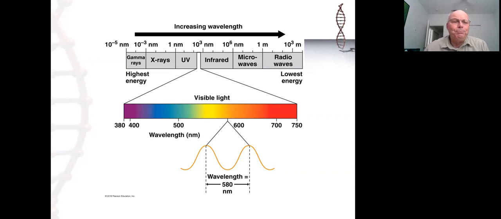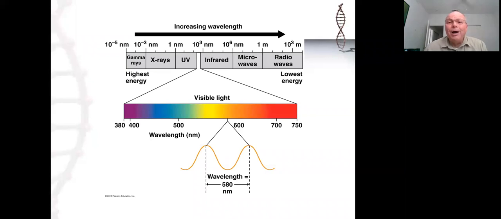Infrared is heat energy, and so you can feel that on your skin. On the other end of the spectrum, at a wavelength shorter than 380 nanometers, is ultraviolet. And while we can't necessarily detect ultraviolet directly, we see its effect because that's what causes sunburn and skin cancer.